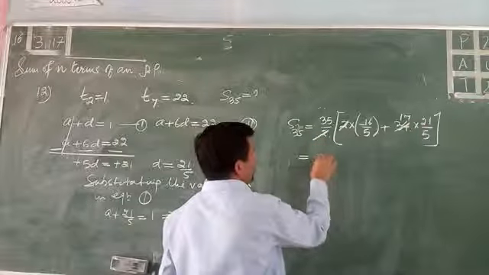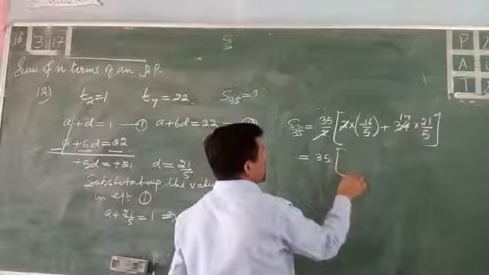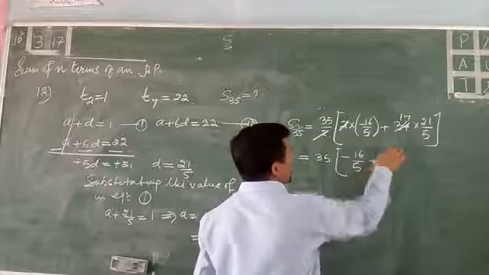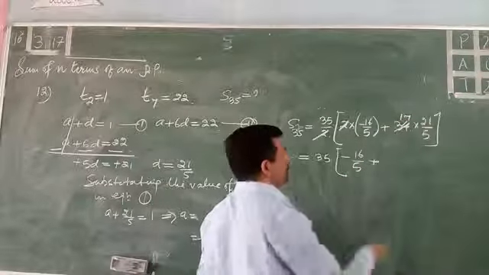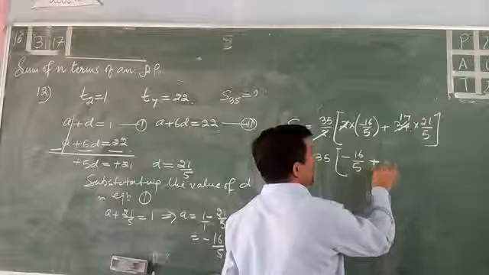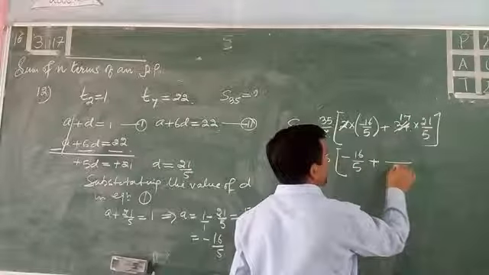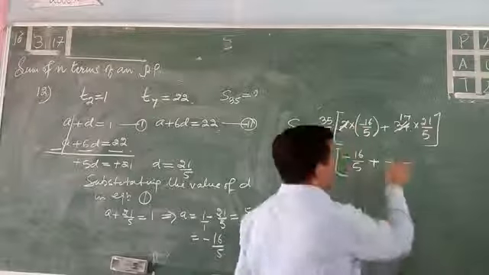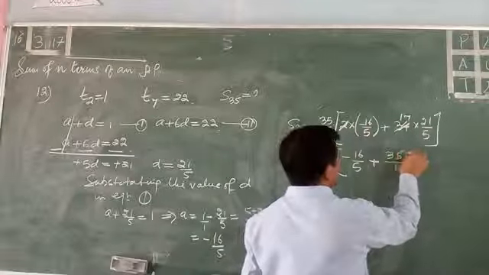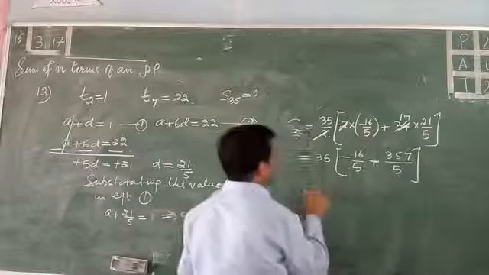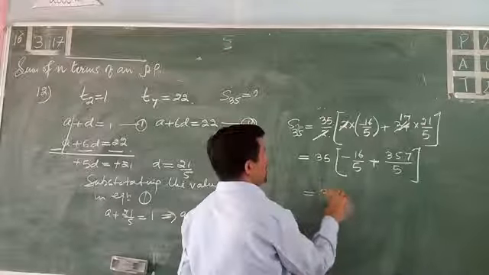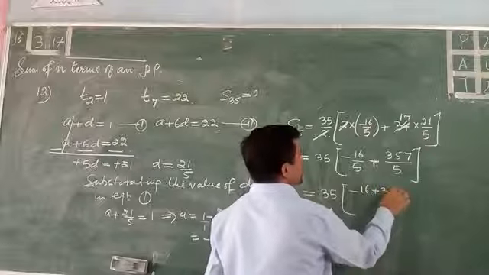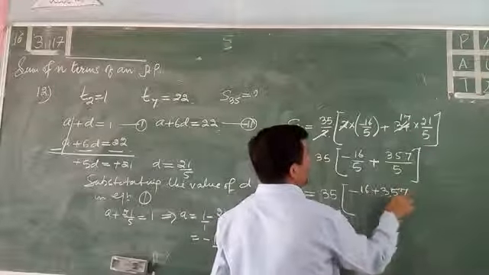So here we have 35. This becomes minus 16 over 5. And this becomes, can you multiply 17 and 21? 357. Yes? 357. So 35 into minus 16 plus 357, divided by 5.